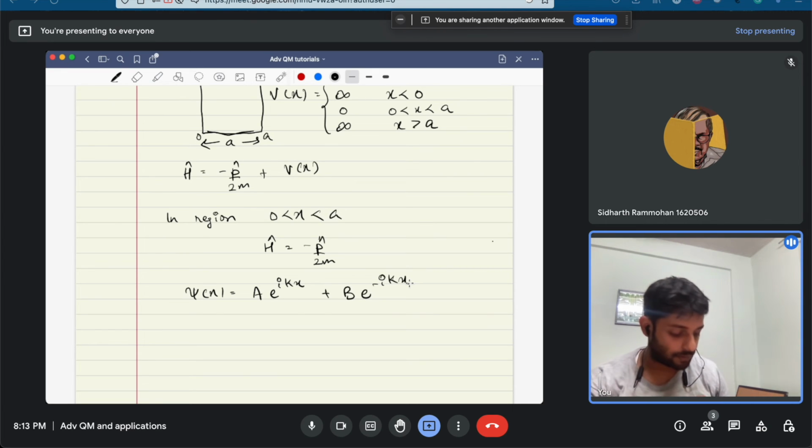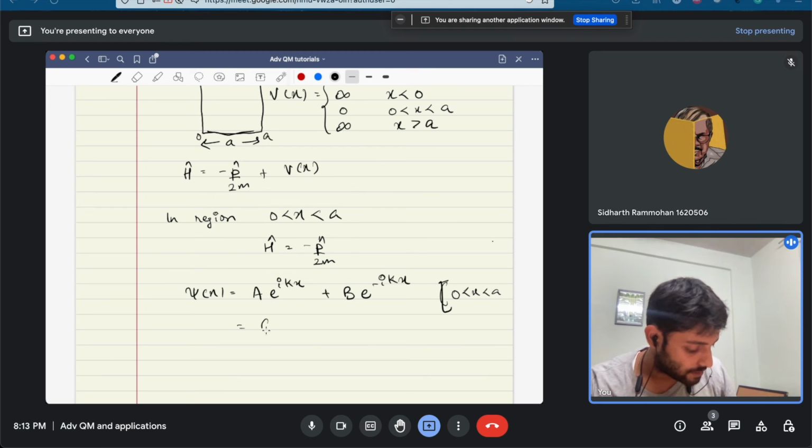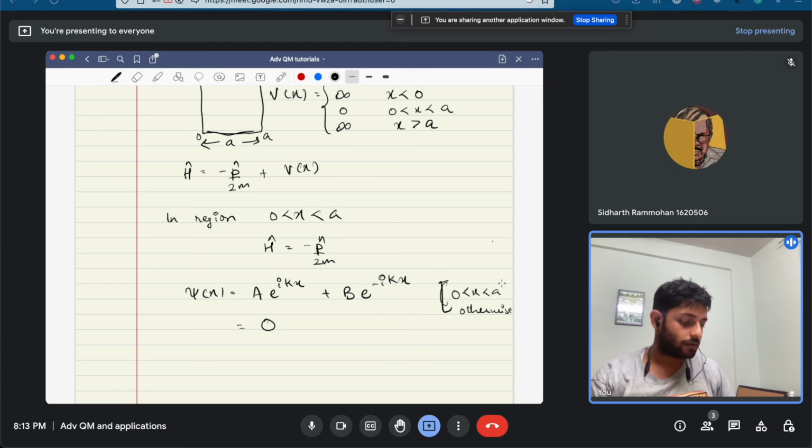And this is in the region 0 to a, and otherwise it's 0, that is for x less than 0 and x greater than a.